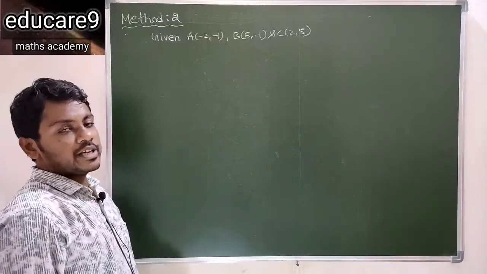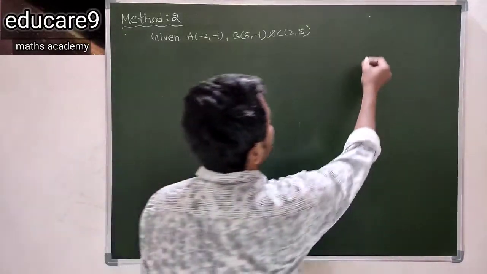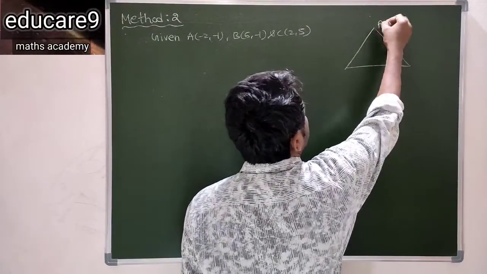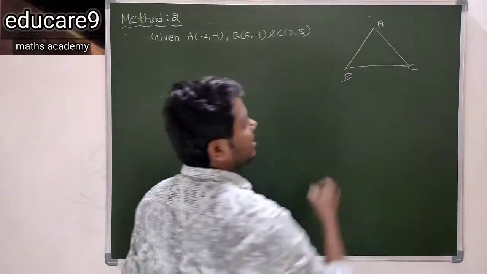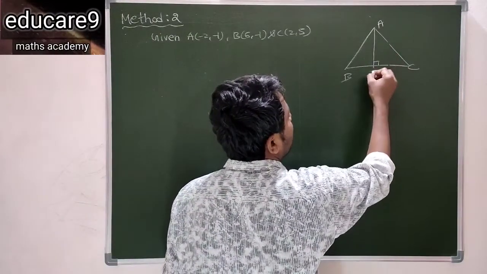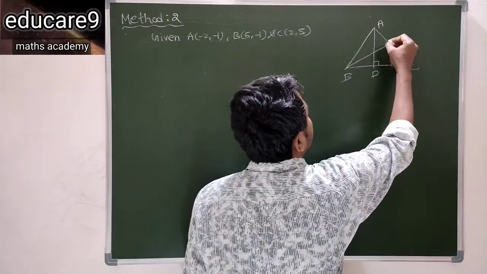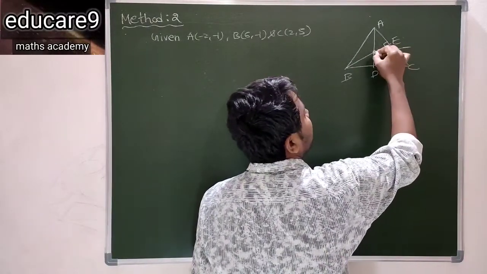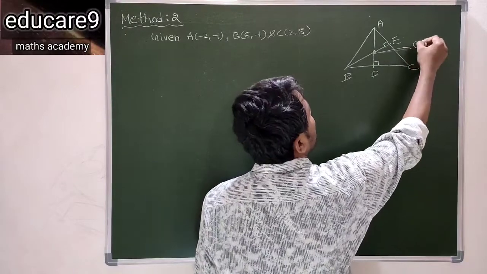Okay, so see here, second method. This is the triangle ABC. Now this is the altitude through A and this is the altitude through B. So clearly this point of intersection is what? Orthocenter.